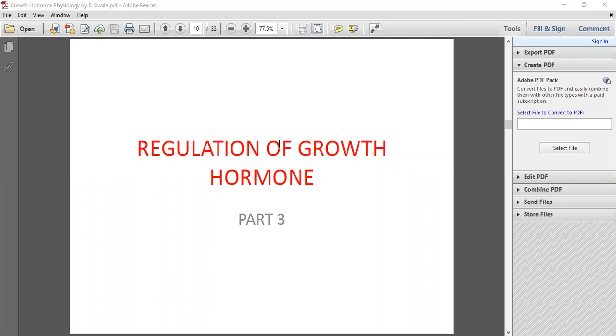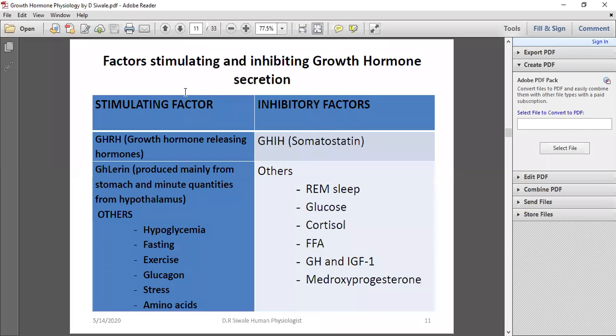That's what we mean by regulation. Regulation can fall into two: either a negative feedback or a positive feedback mechanism. I think you remember those. Okay, so we are interested in what factors stimulate or inhibit growth hormone secretion.